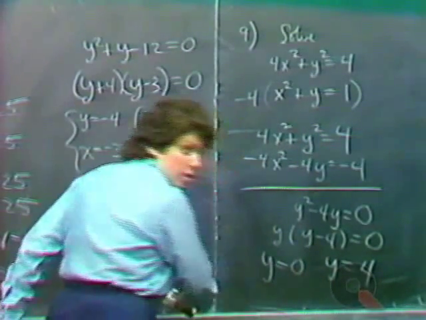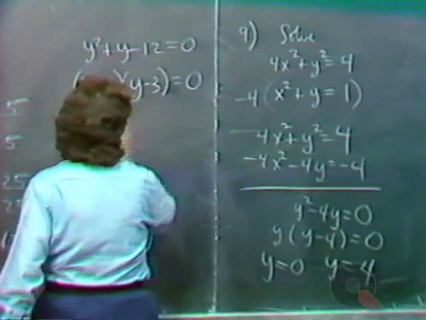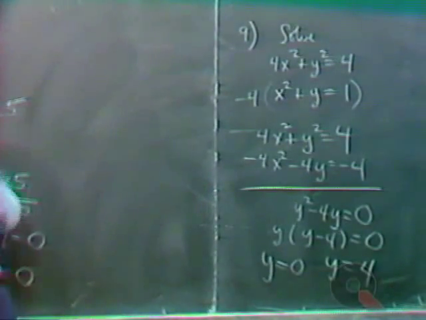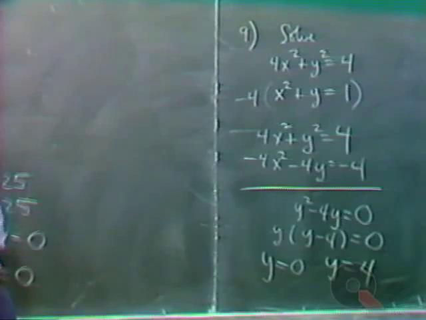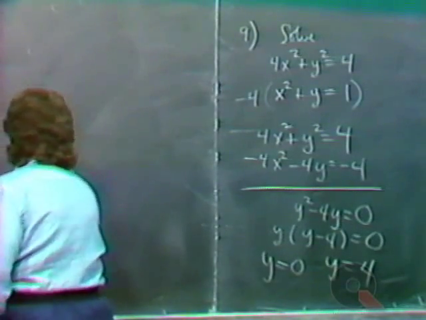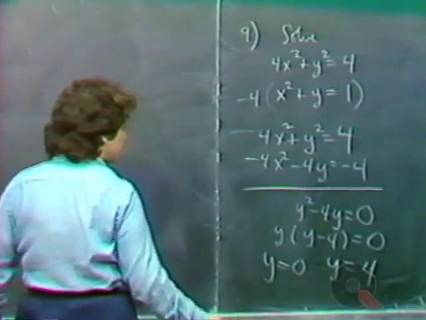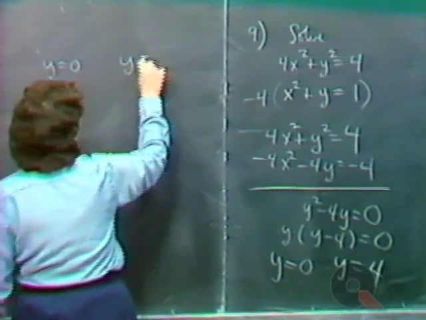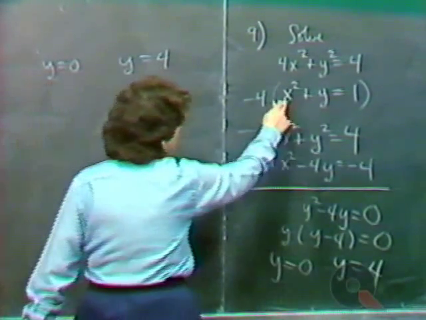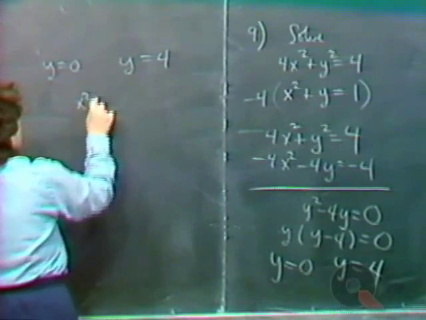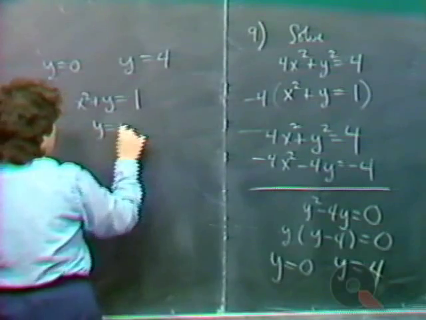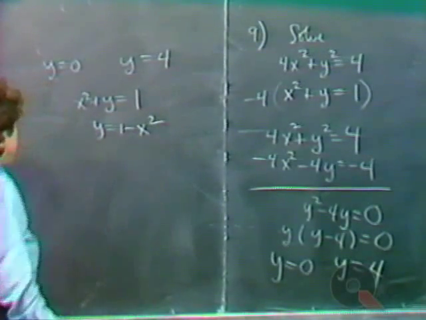Y is 4. And let's see what we have. Y is 0, y is 4. X squared plus y is 1. So y is 1 minus x squared.